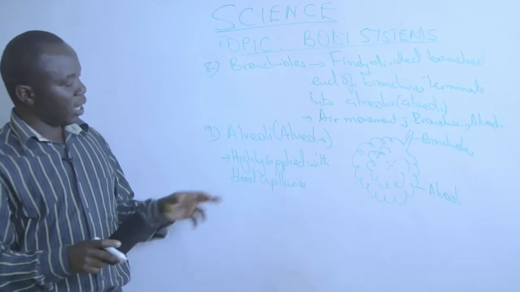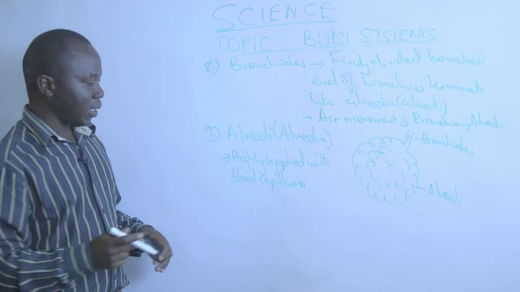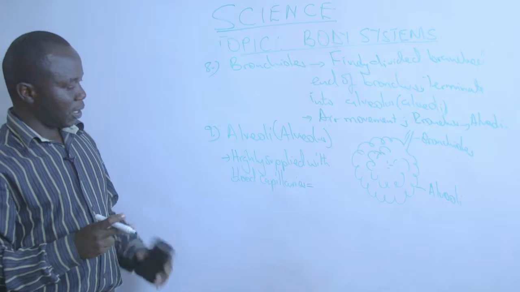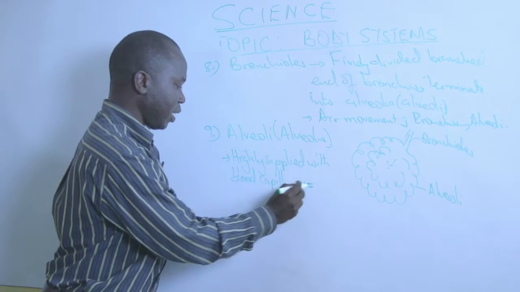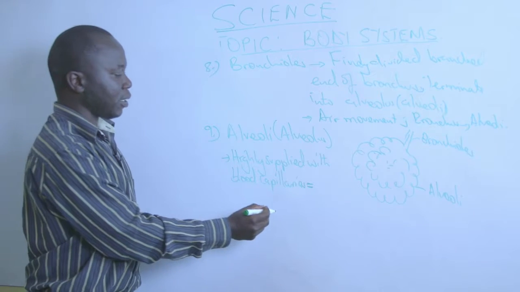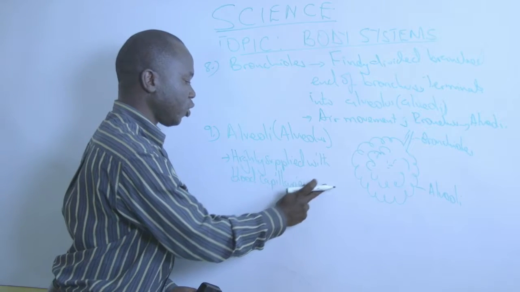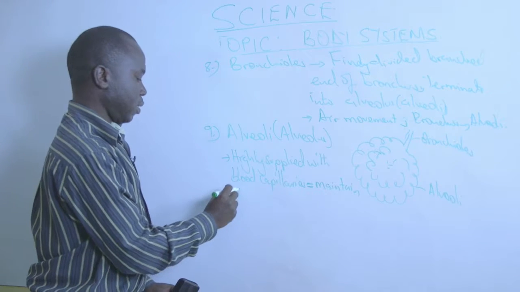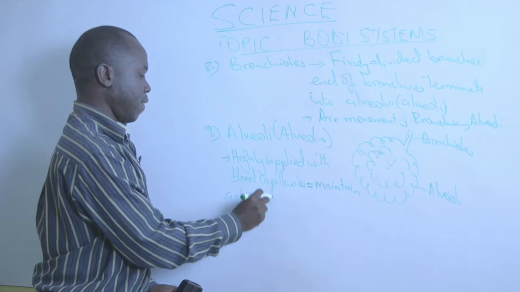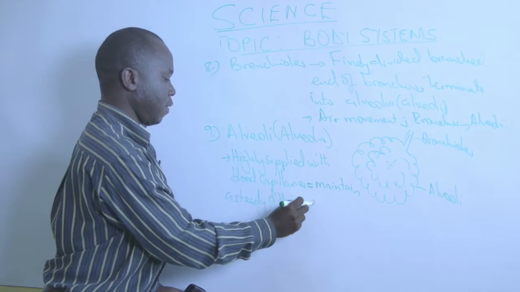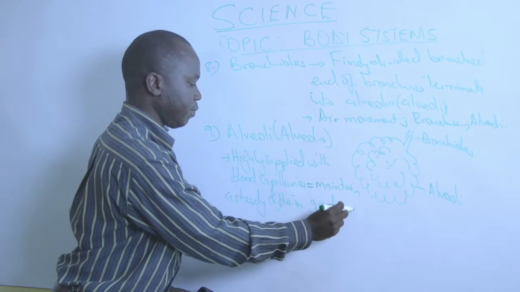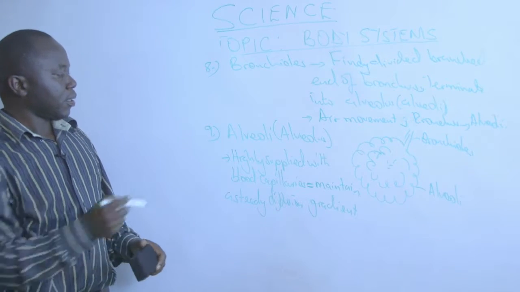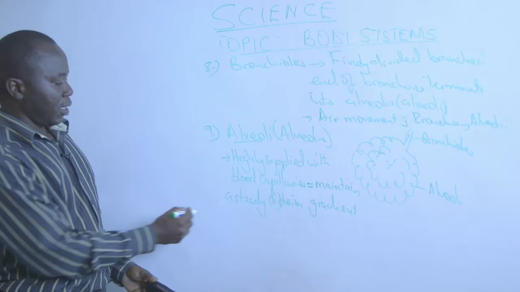So why should it have very many blood capillaries? Remember, this is the main site for gaseous exchange. So it has a high supply of blood capillaries to maintain a steady diffusion gradient. So these are very important parts of the alveoli.